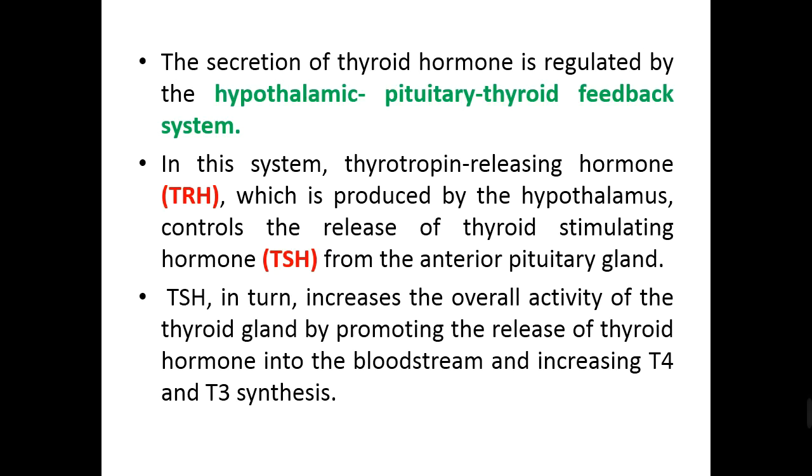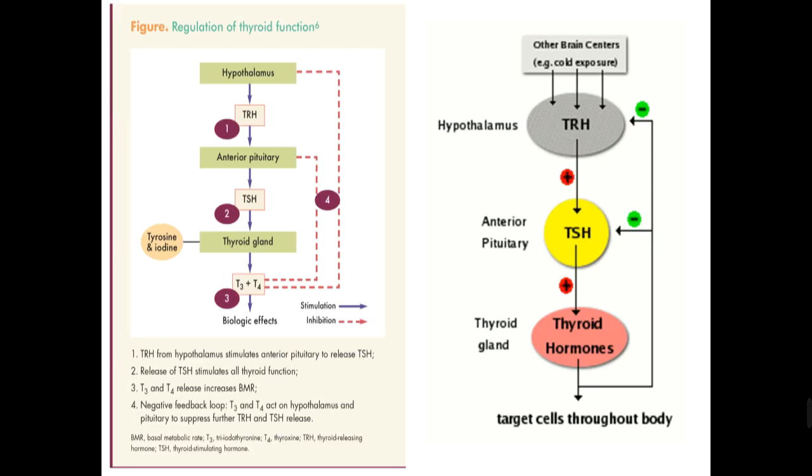Thus, thyroid stimulating hormone in turn increases the overall activity of the thyroid gland by promoting the release of thyroid hormone into the bloodstream and increasing T4 and T3 synthesis. Regulation of thyroid function is demonstrated in this figure with the target cell throughout the body.